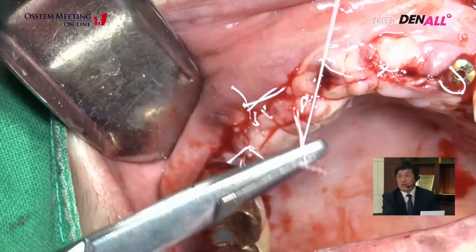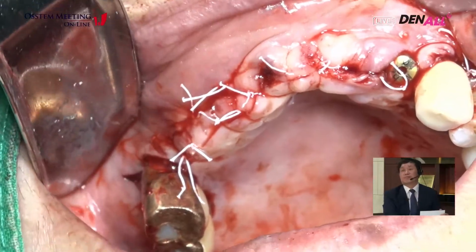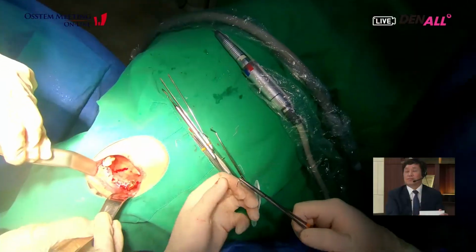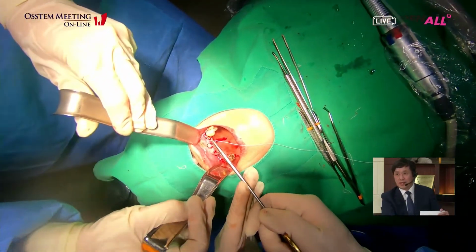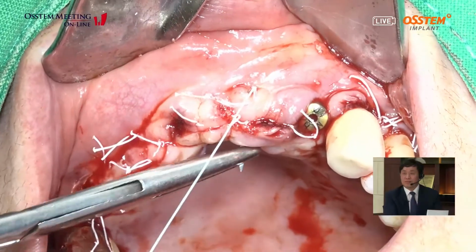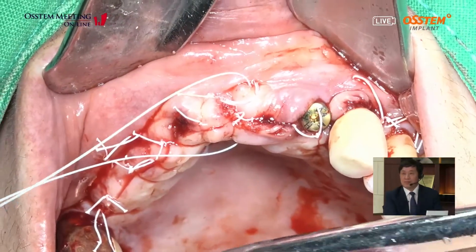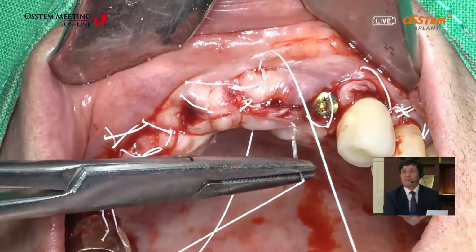This is a PTFE suture material. The main advantage of this PTFE suture is its elasticity, unlike nylon. So I think that after GBR, this PTFE suture material is quite good because we can control the tension while making the second knot.